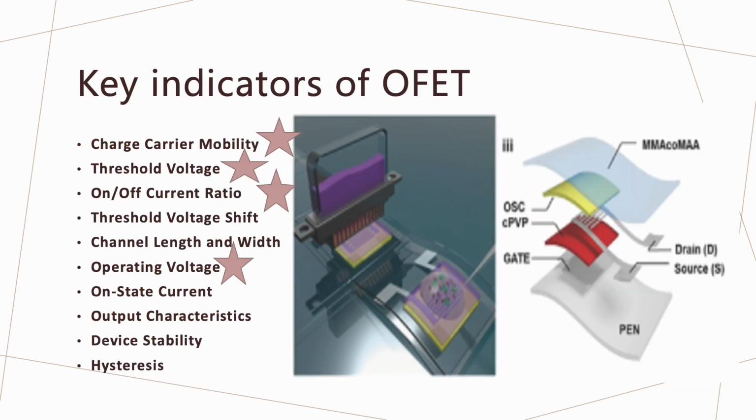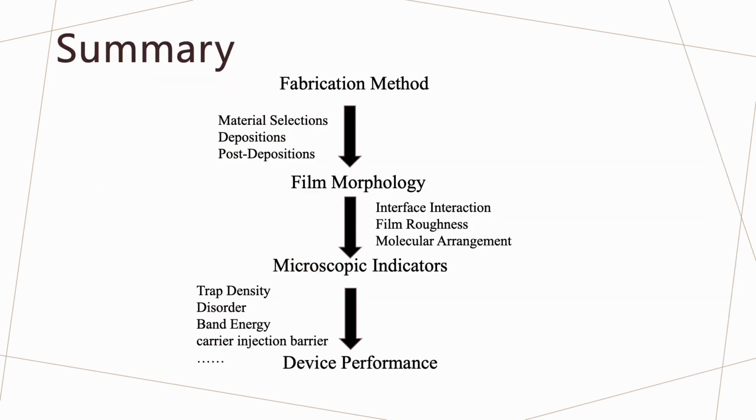There are four indicators that are very important to measure the performance of the OFET, which are the charge carrier mobility, threshold voltage, on and off current ratio, and the operating voltage. To sum up, fabrication methods, including the material selection, deposition, and post-deposition, will directly influence the film morphology, which includes the interface interaction, film roughness, and molecular arrangement.